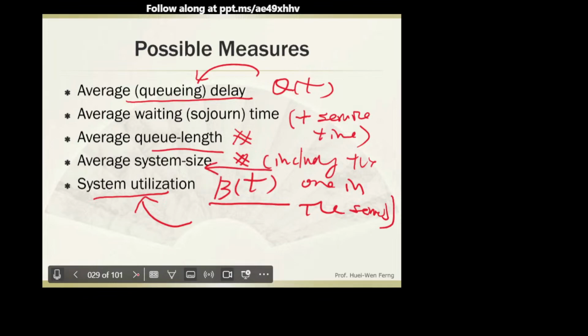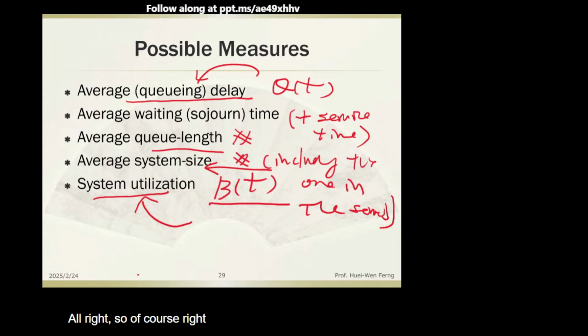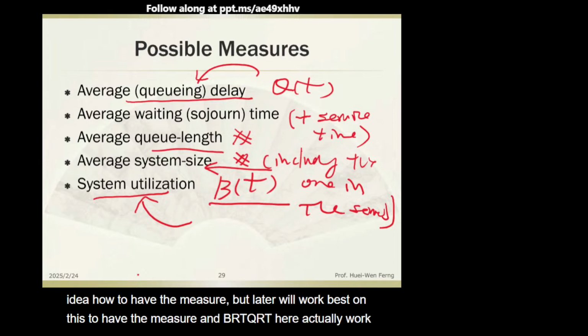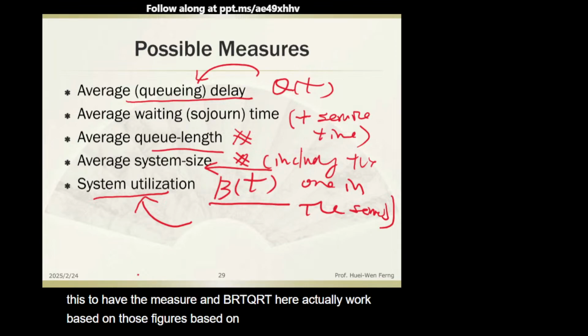All right. So of course, right now maybe you don't have any idea how to get the measure, but later we'll work based on this to get the measure. And the B of t, Q of t here actually work based on those figures, based on the concept of area.